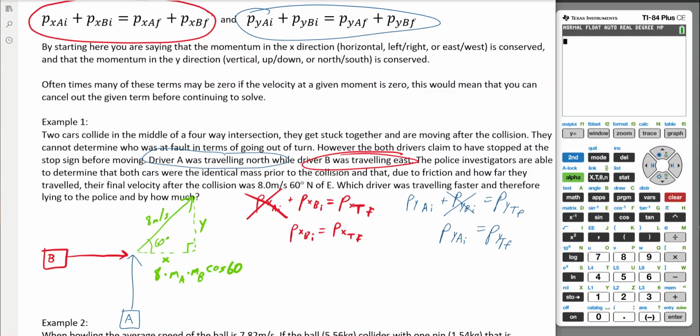Now we don't know the mass of A and B, but we know that they're actually going to be the same. So instead of writing them out like that, it'll be 2 times the mass, right? Because it's mass of A plus the mass of B, so if they're the same, it's going to be 2 times the mass. Same thing over here, it's going to be 8 times 2 times m times sine of 60.